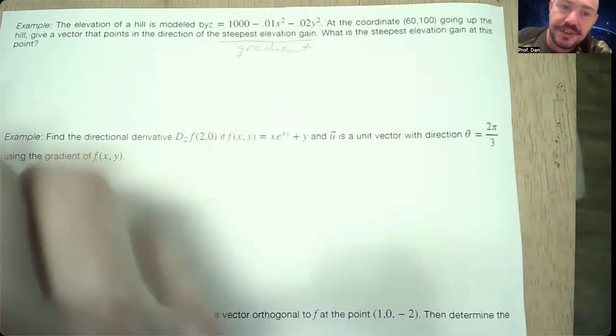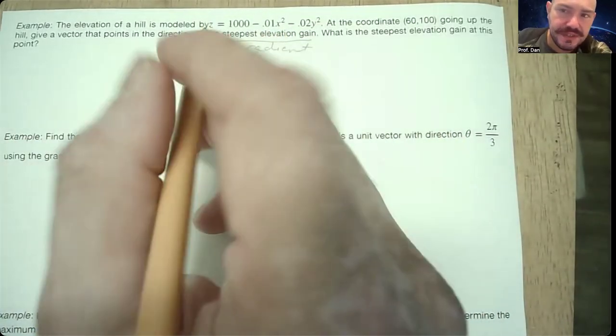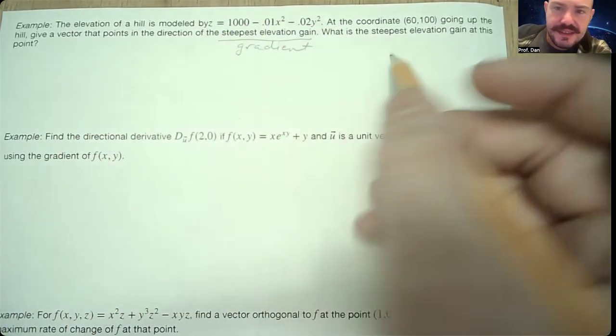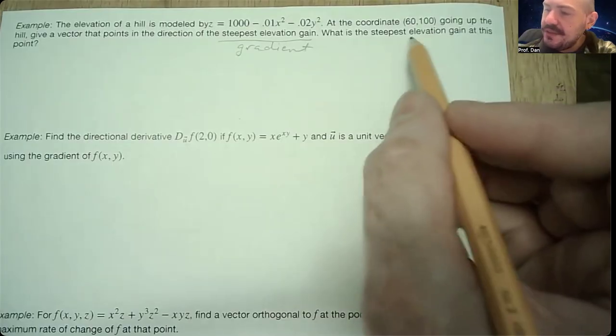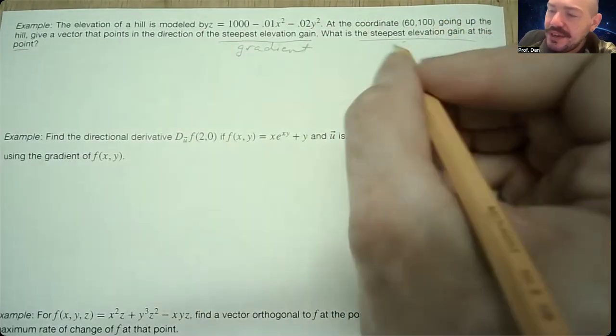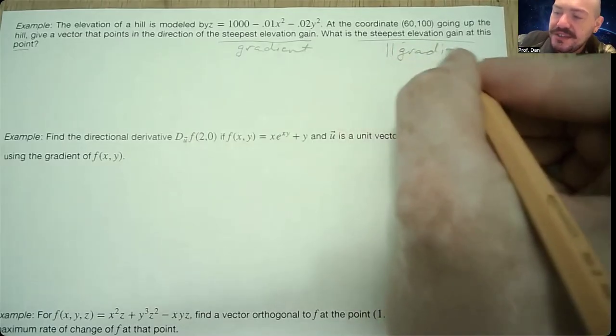That's asking us for the gradient. So a vector that points in the direction of the steepest rate of change, that's your gradient. And the steepest elevation gain at that point is asking you for the magnitude of the gradient.